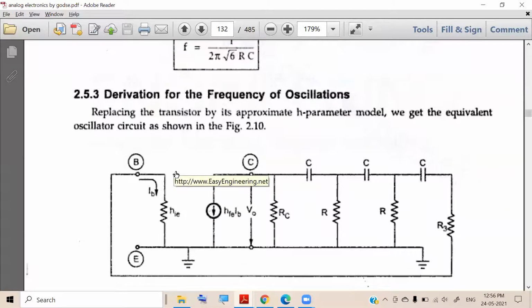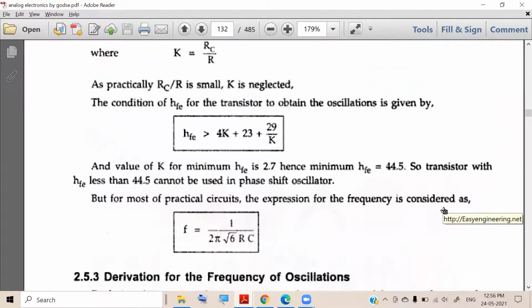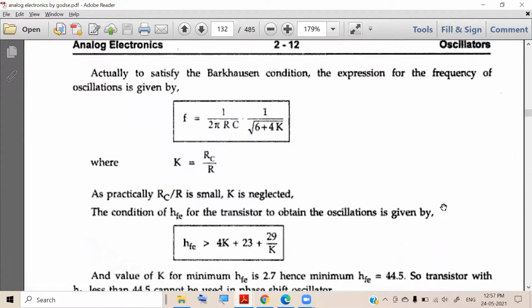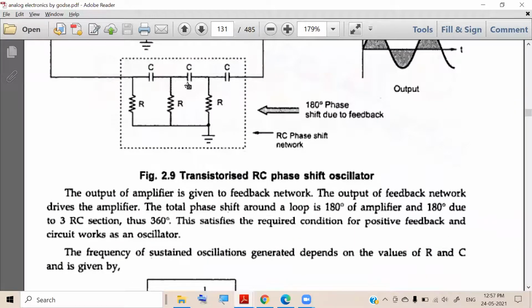But there is one small adjustment we have to consider. The adjustment is, capacitor, resistor, capacitor, resistor, capacitor, resistor: CR, CR, CR. That is what the feedback network consists of.